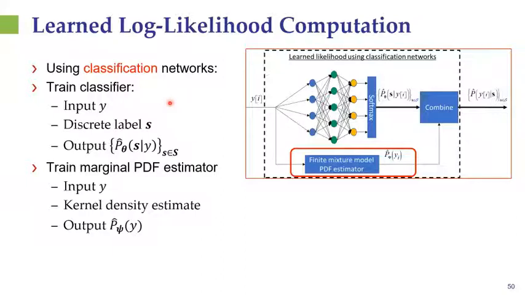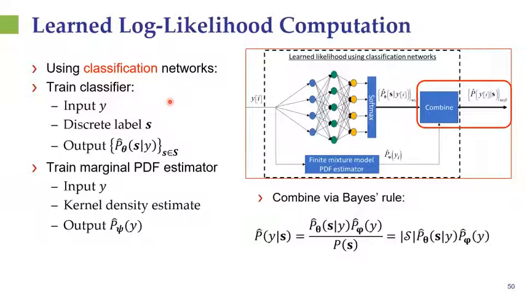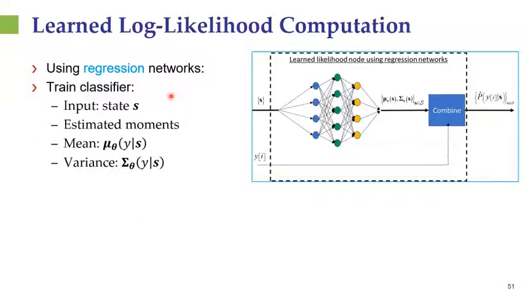And so we can use some sort of kernel density estimation, like a finite mixture model PDF estimator, to estimate it reliably using, for example, some expectation maximization algorithm, and then combine those two quantities using Bayes' rule to obtain a hopefully accurate parametric estimate of the conditional distribution of the channel output given each possible combination of channel inputs which could have led to that, which is exactly the quantity we need for the Viterbi algorithm. These are the values assigned to each one of those cost values along the trellis diagram.